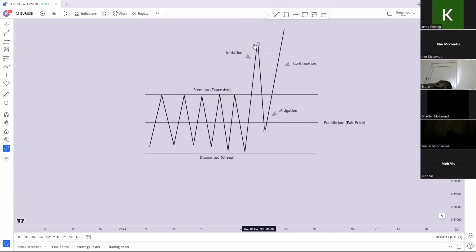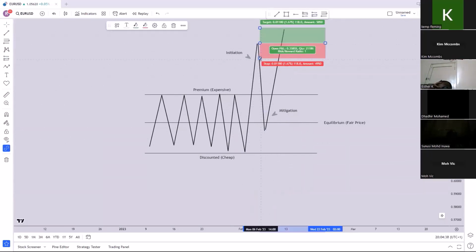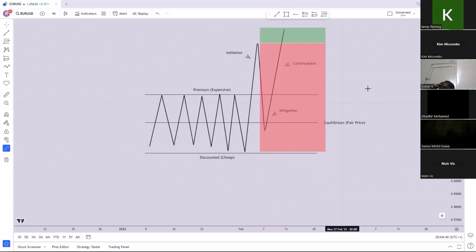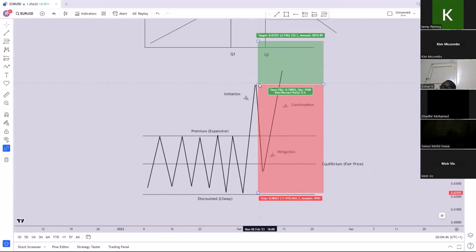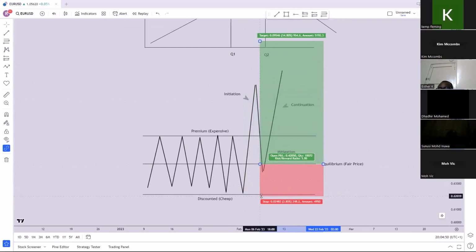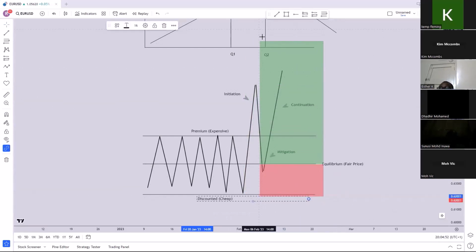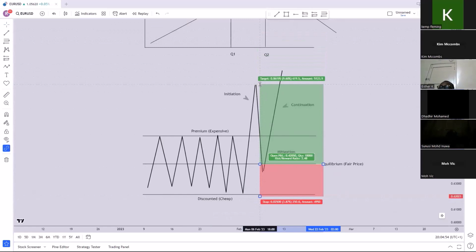We don't want to enter here with our stop loss all the way down here and no real price to aim for. Rather, we want to get down here at the mitigation area with our stops just below the low, aiming for that weak high where risk to reward is in our favor.